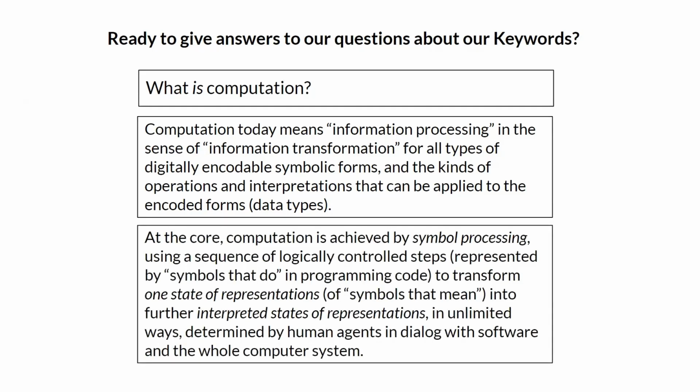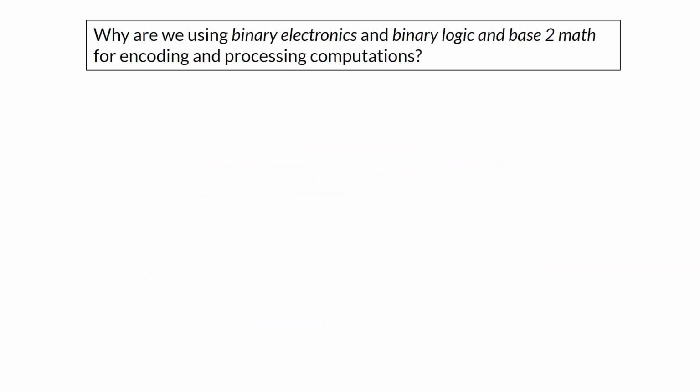At the core, computation is achieved by symbol processing using a sequence of logically controlled steps. Those are represented by the symbols that do in programming code that get translated into actions to transform one state of representations of our symbols that mean into further interpreted states of representations in unlimited ways determined by human agents in dialogue with software and the whole computer system.